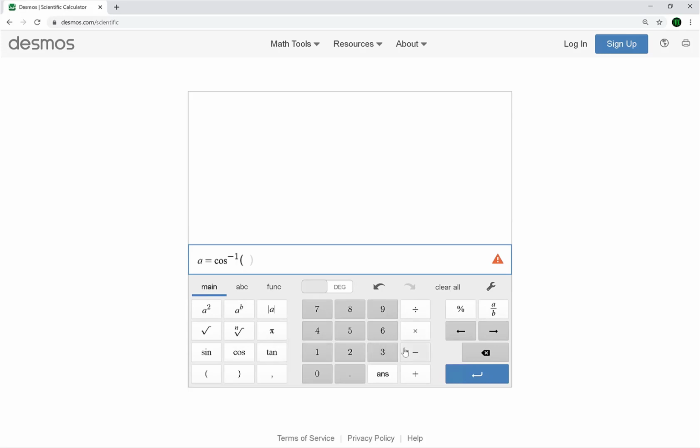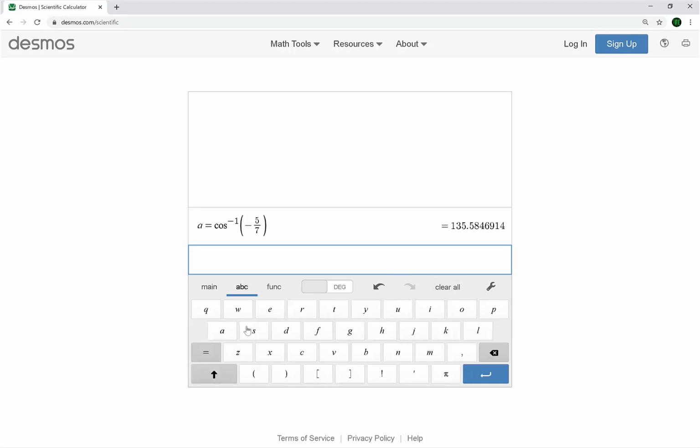Negative 5/7. So there it is, 135.58. I labeled it A, and Desmos is smart. So that's one answer. So everyone write that. What does it say, nearest tenth? So write 135.6. Did everyone do that?